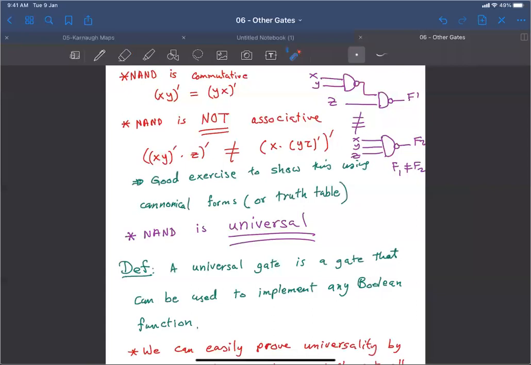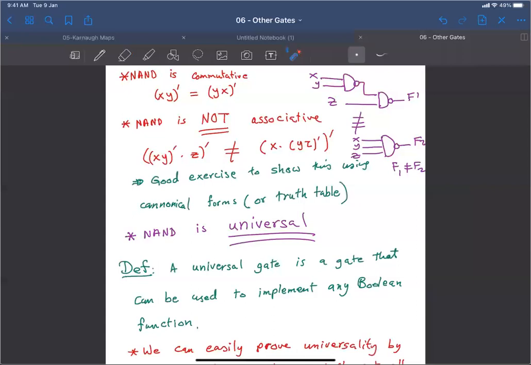You can also minimize them to the standard form, either sum of products or product of sums, and if they are equal, they must be the same, modulo the order of the products or the sums, of course.